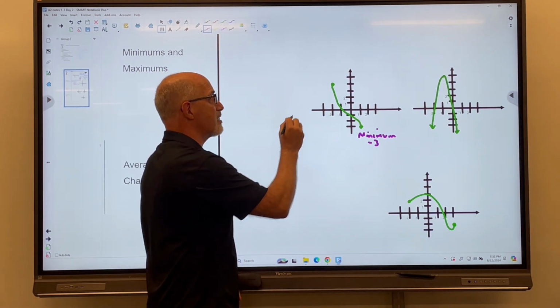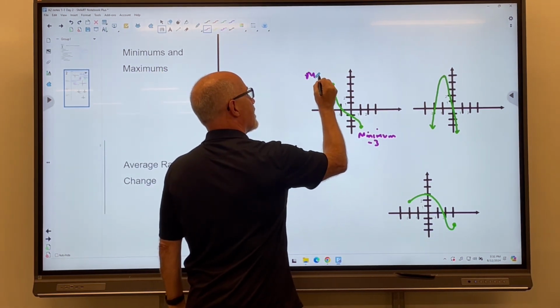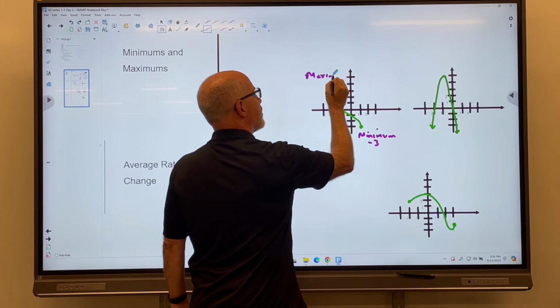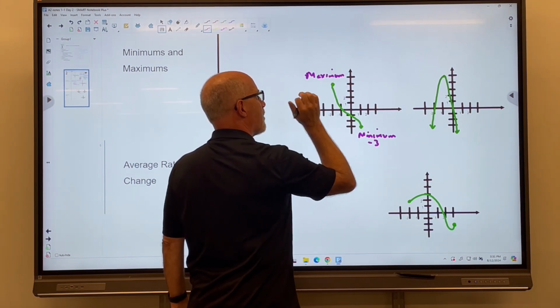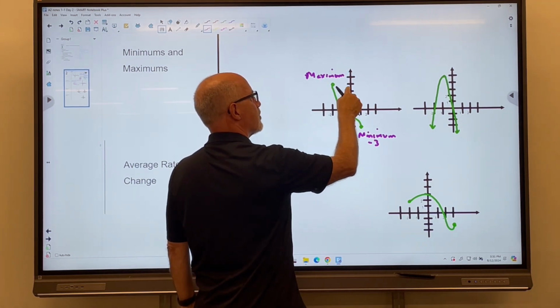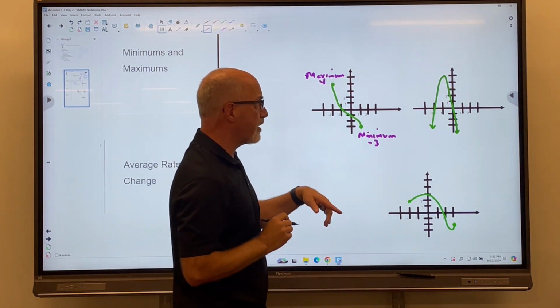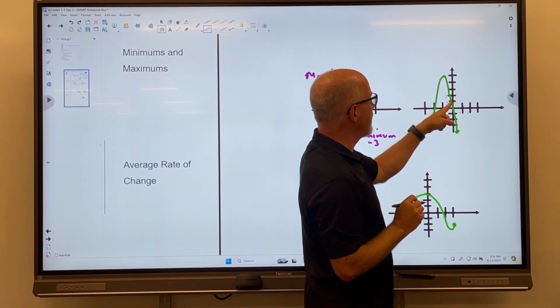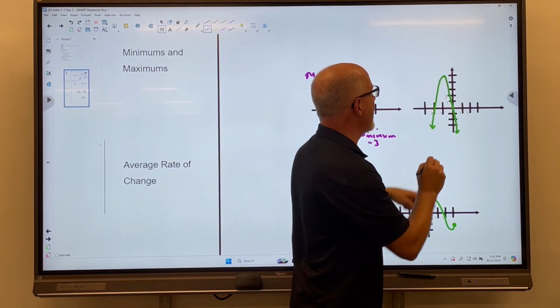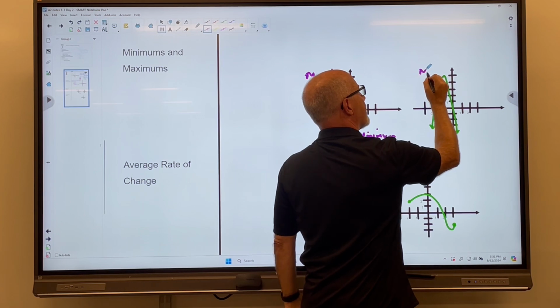This is the maximum value. I might ask you what the x value is at it, but the actual maximum value is 1, 2, 3, 4. Maximum is 4. Now if you look at this one, the maximum here is 1, 2, 3, 4, 5. Here I've got a max at 5.